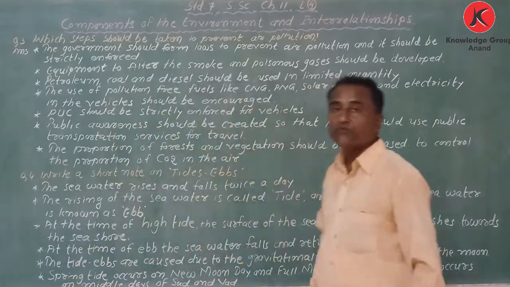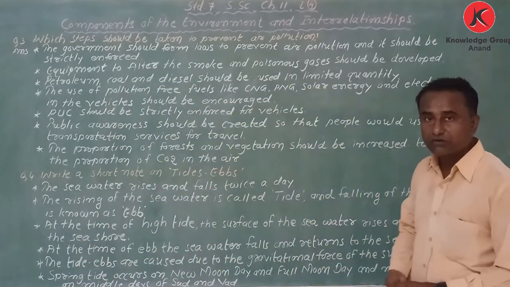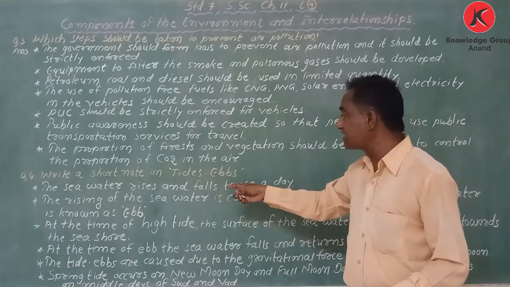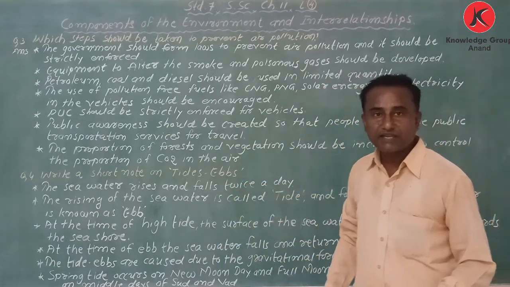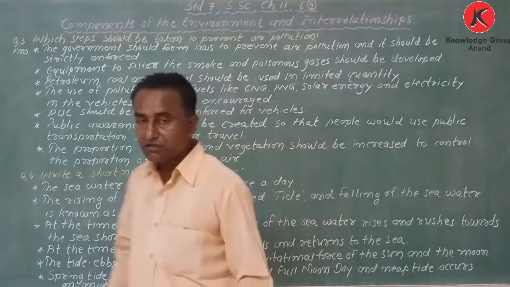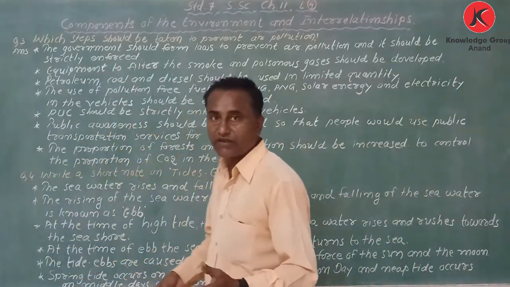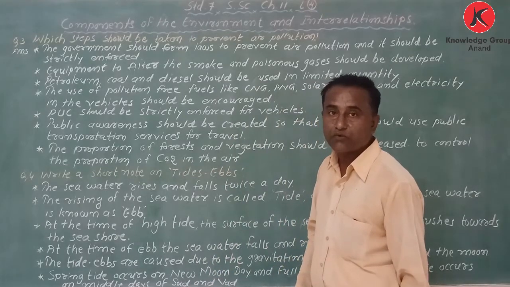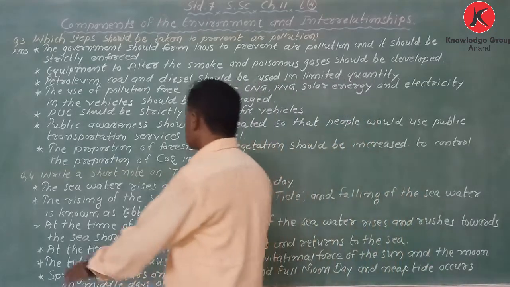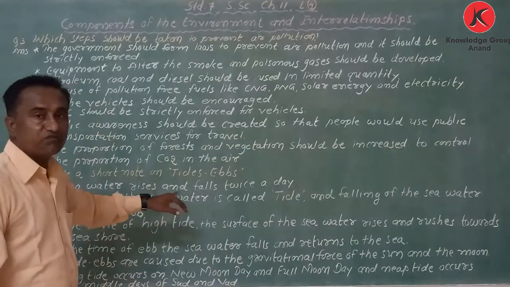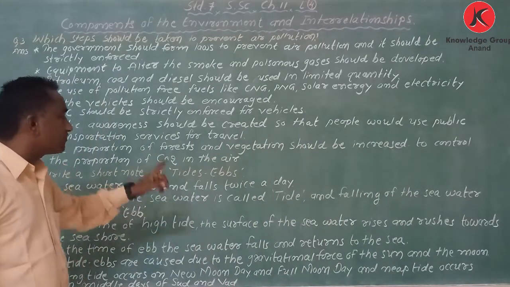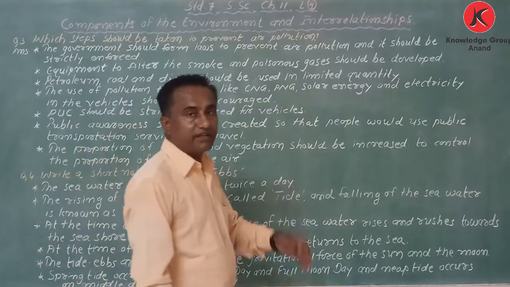Next one is, write a short note on tides and ebbs. My dear students, when I explained the chapter, I said what is called tides and what is called ebbs. The sea water rises and falls twice a day.